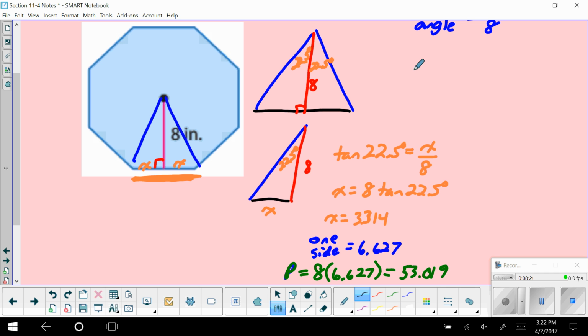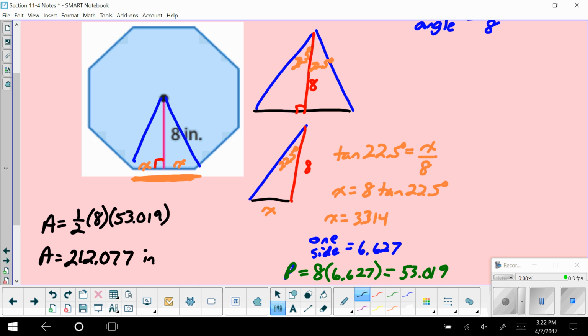So now I know the apothem was 8, and I know the perimeter. I can find area. So 1/2 times the apothem times the perimeter, and I get that my area is going to be 212.077. We're measuring length in inches, but my area is in square inches.